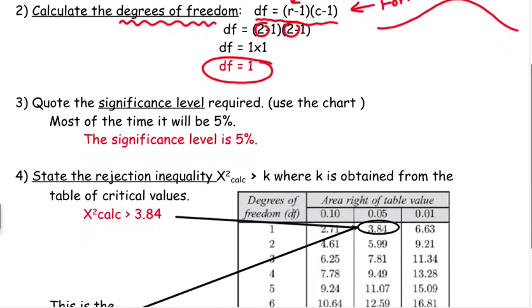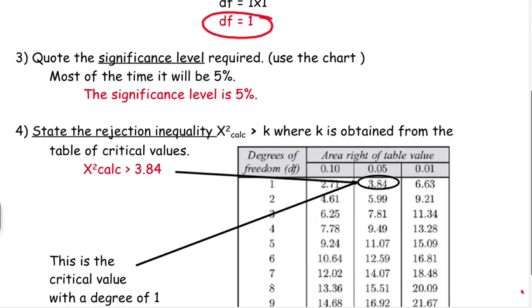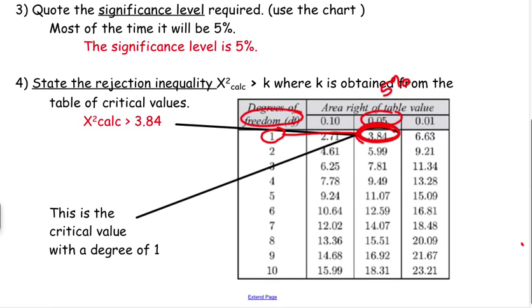All right, number 3. Quote the significance level required, with a degree of freedom of 1 and a significance level of 5%. And your degree of freedom, you want to go to number 1, and you're going to arrow over. This is 3.84. That number is going to be very important later on. Number 4, we're going to state the rejection inequality.